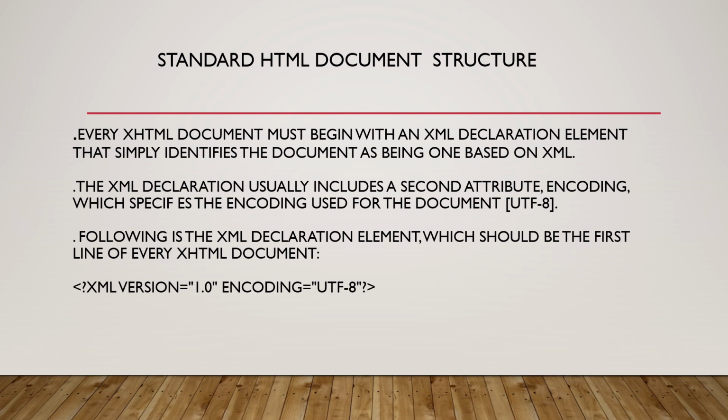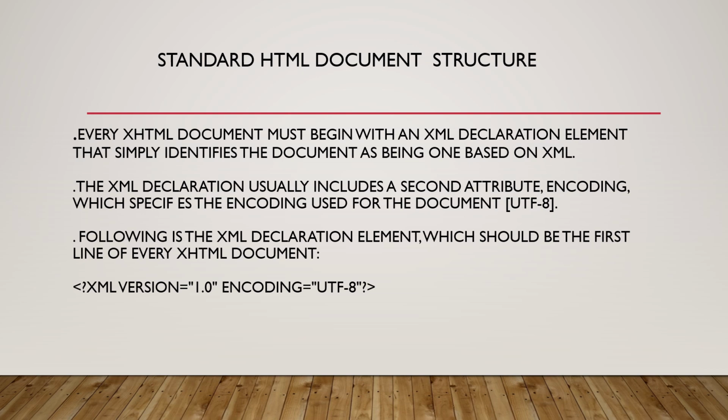The XML declaration usually indicates a second attribute, encoding, which specifies the encoding used for the document. Following is the XML declaration element, which should be the first line of every HTML document.